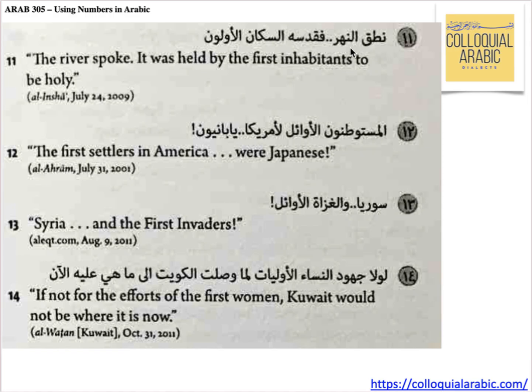Natakan an-Nahar, the river spoke. فَقَدَّسَهُ السُّكَّانُ الْأَوَّلُونَ. Because of this capability of the river being able to speak, the inhabitants, as-sukkan al-awwalun, the first inhabitants, considered it or held it or made it holy.